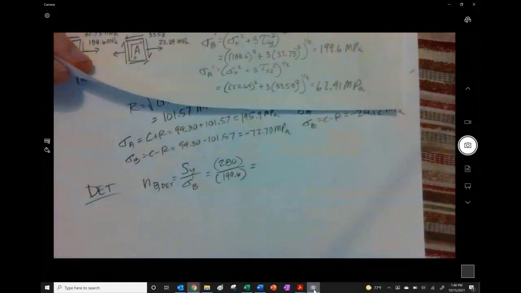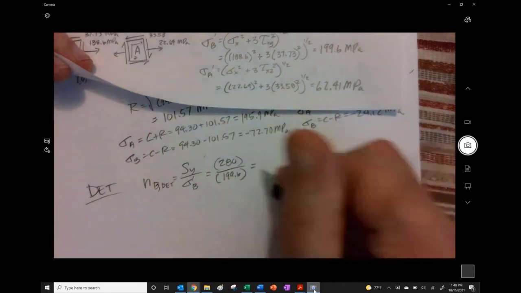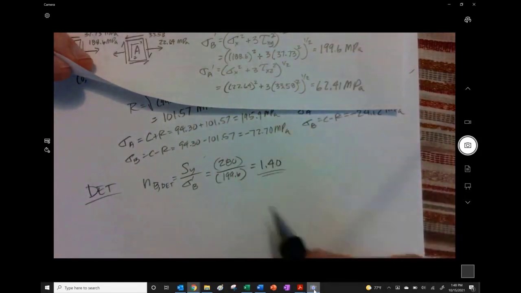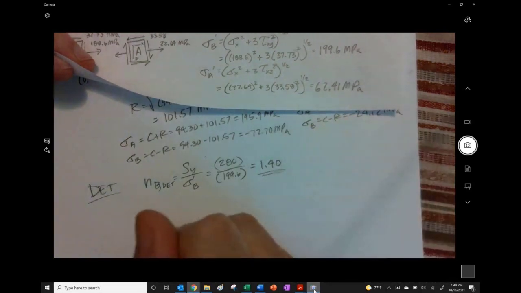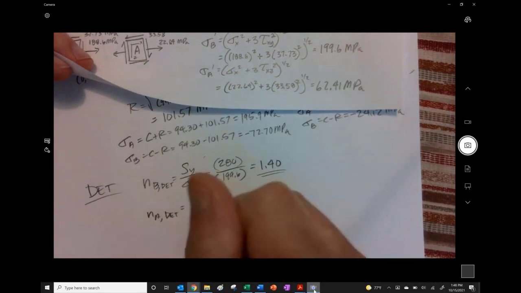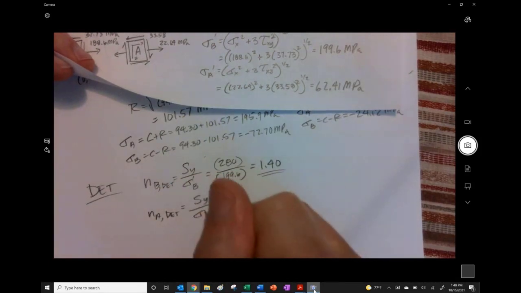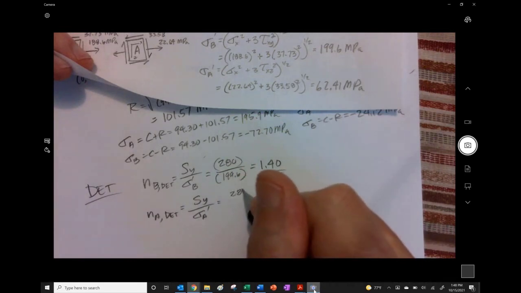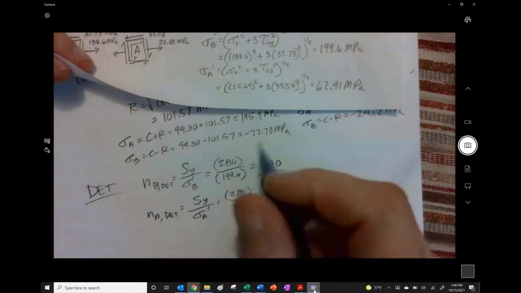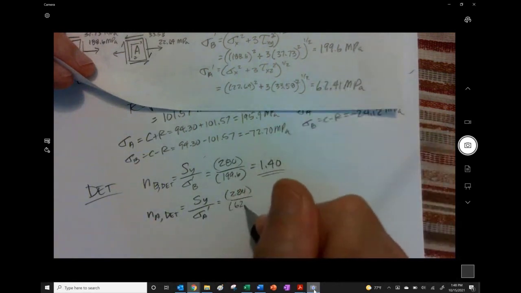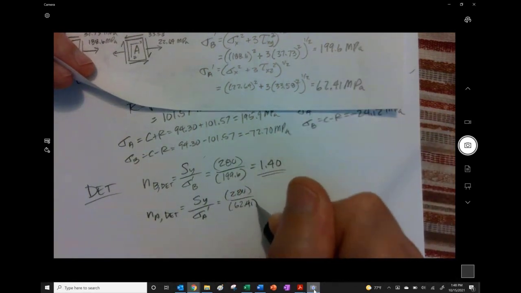So 280 divided by 199.6, I get 1.40 for my A, DET. Yield strength, and here we go, 280, and we'll go for 62.41.